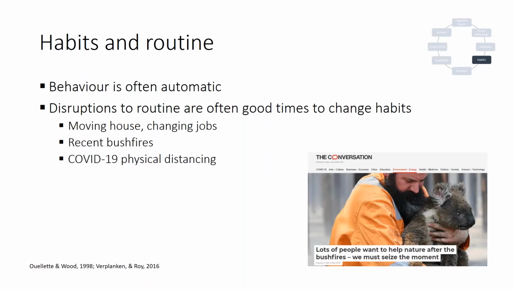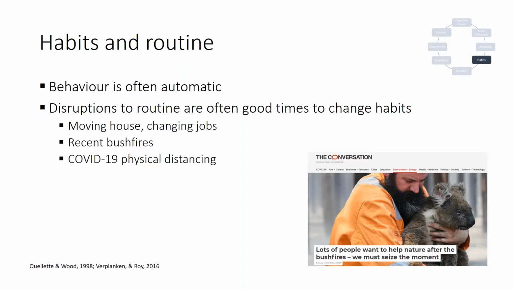These are all major life events that influence what we do and change our routine. So if, for example, we want to get someone to switch across to renewable energy, we could put a flyer in the letterbox of someone that's just moved house, encouraging them to switch across to renewables. And the recent bushfires were an example.